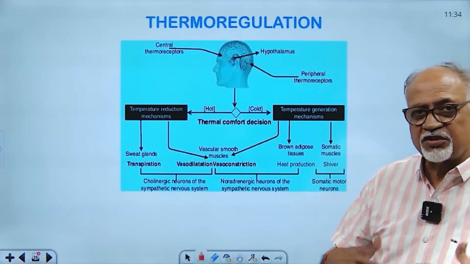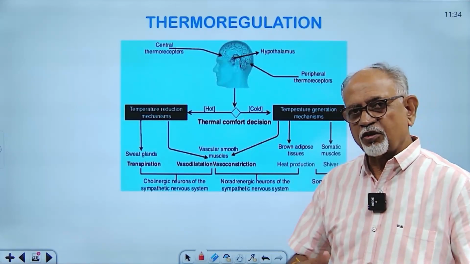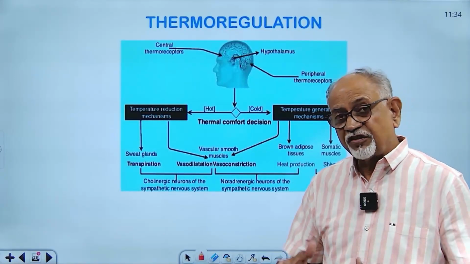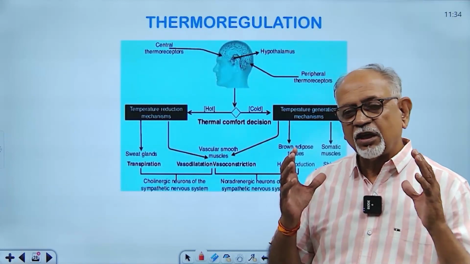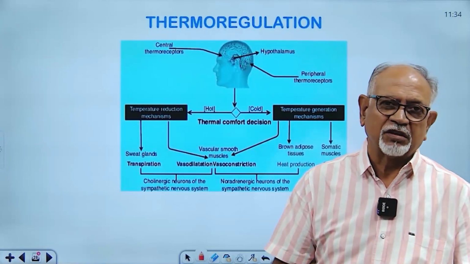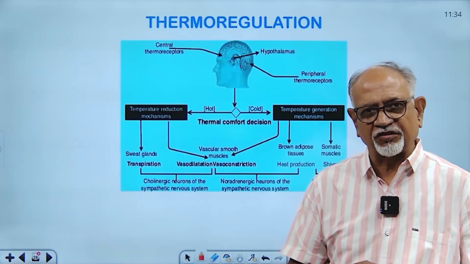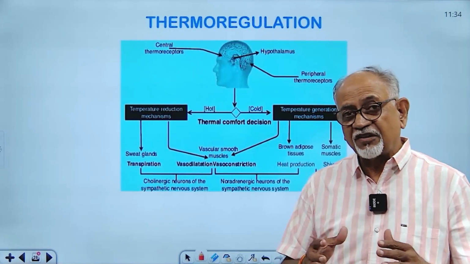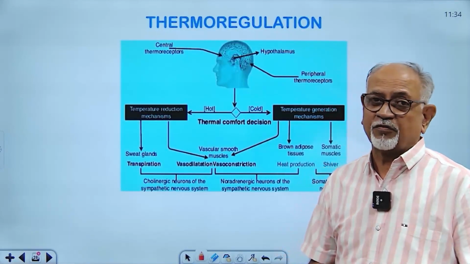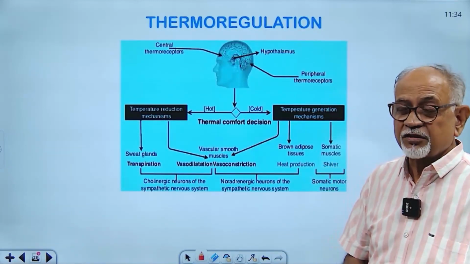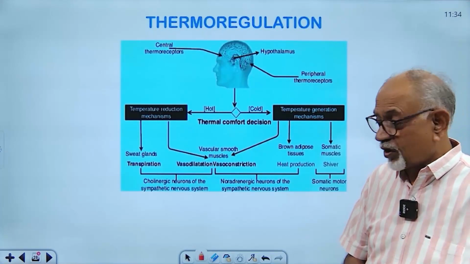Sometimes it initiates shivering, producing heat. At the same time, the arteries of skin are constricted, vasoconstriction occurs there, and less sweat is formed to prevent any heat loss from the body.